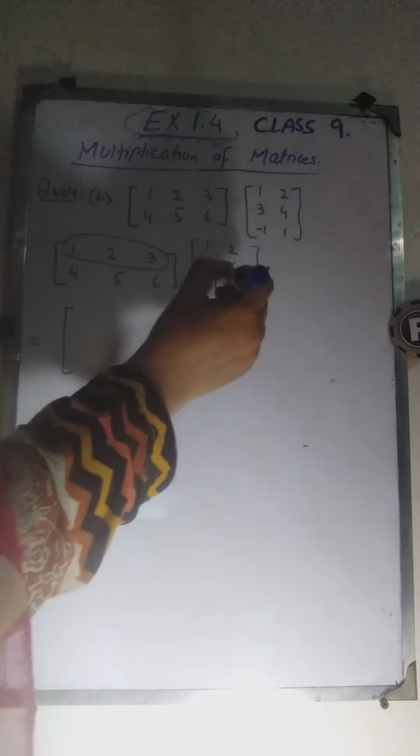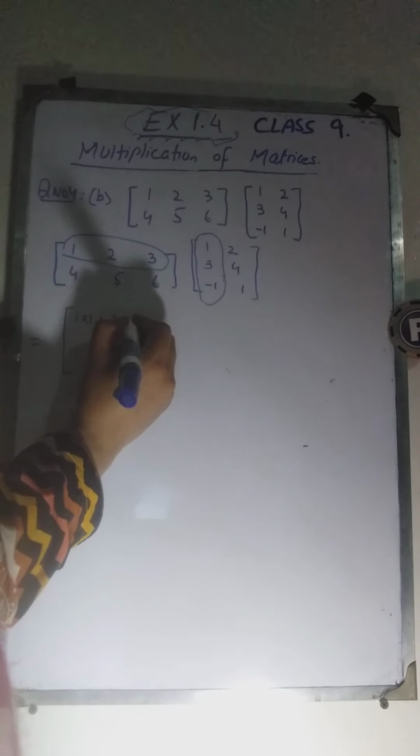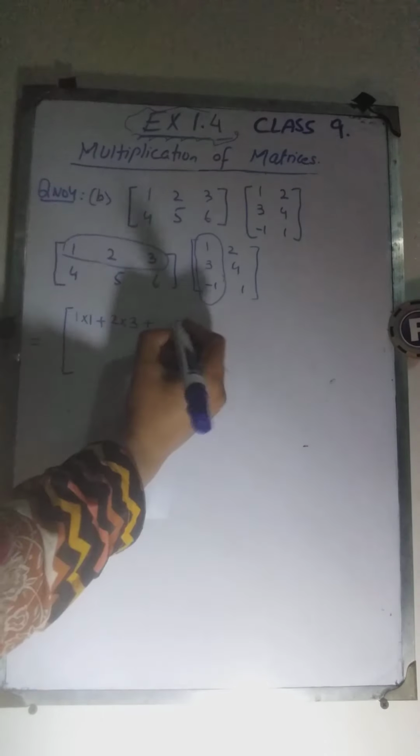Now let's start the multiplication. We will first pick the first row and multiply it with the first column. The first element will be multiplied with the first, second with the second, and third with the third. So it will be 1 into 1 plus 2 into 3 plus 3 into negative 1.